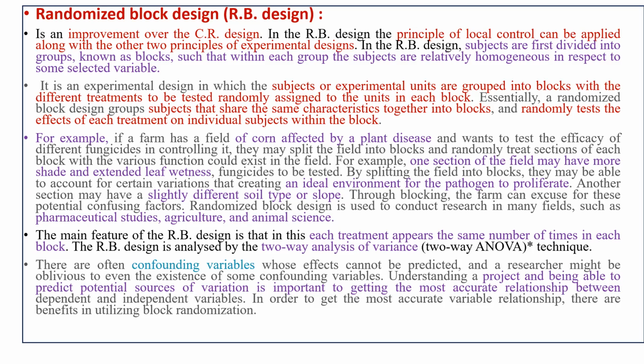What it means is that subjects or experimental units are grouped into blocks, with the different treatments to be tested randomly assigned to the units of each block. So, essentially, the randomized block design groups subjects that share the same characteristics together into blocks and randomly tests the effect of each treatment on individual subjects within the block.